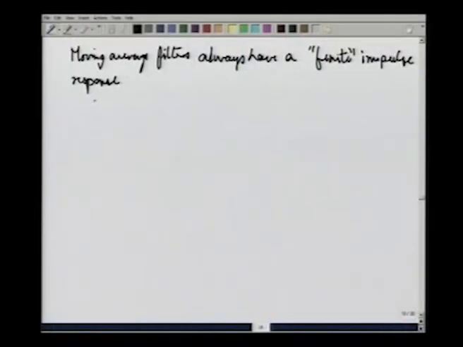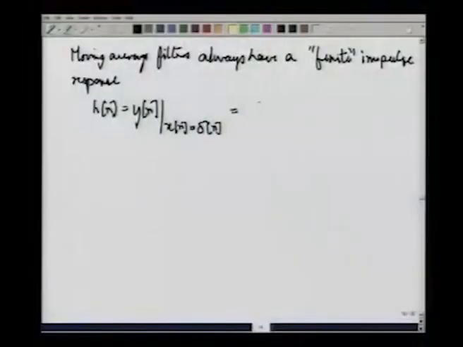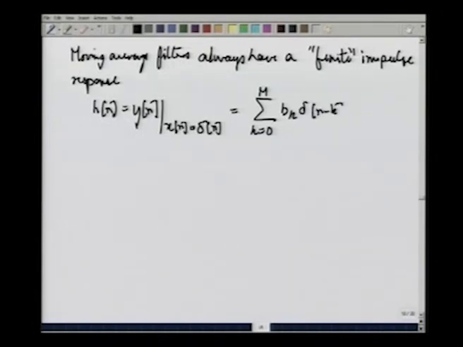h n, which is equal to y n when x n equals delta n, is given by, you just have to substitute delta n for x n on the right side, the sum k equals 0 to M of b k delta n minus k.